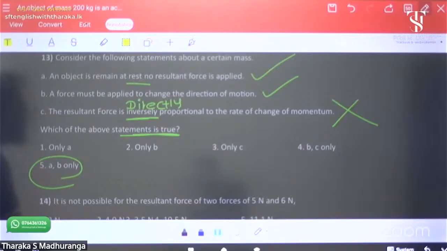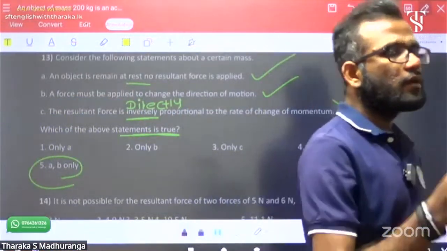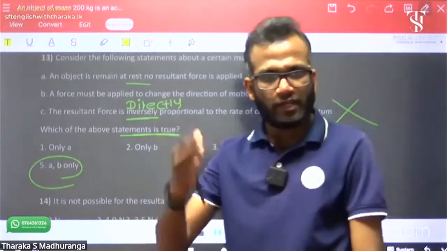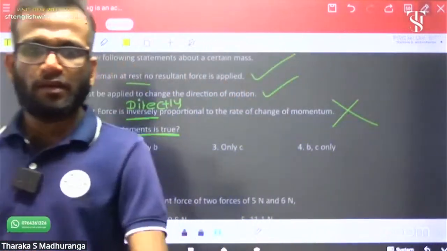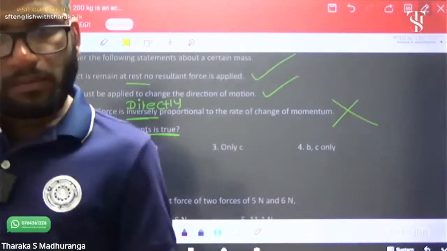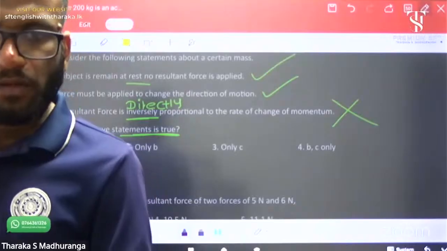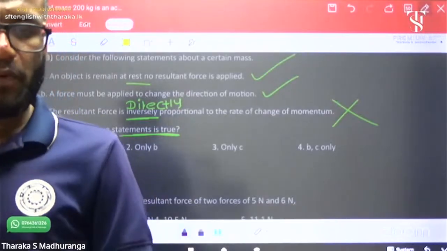Okay, clear? Any doubt? Yeah, I explained Newton's second law in two forms, right? Acceleration method and the rate of change of momentum. It should be resultant force to change the direction of motion.